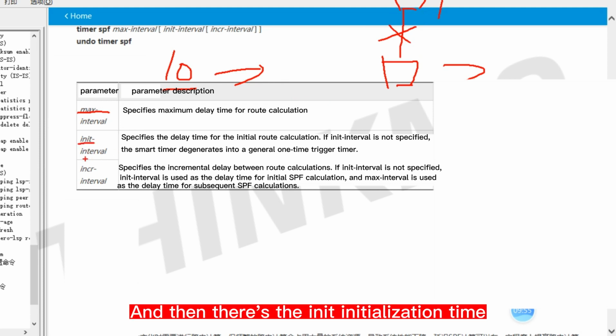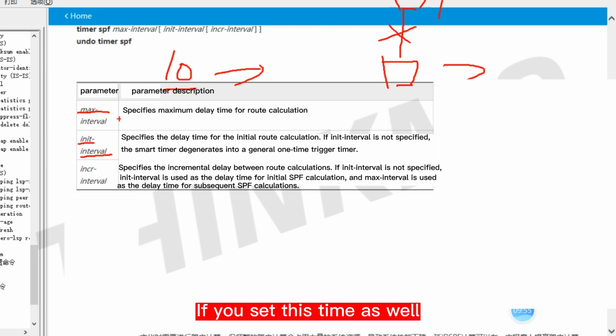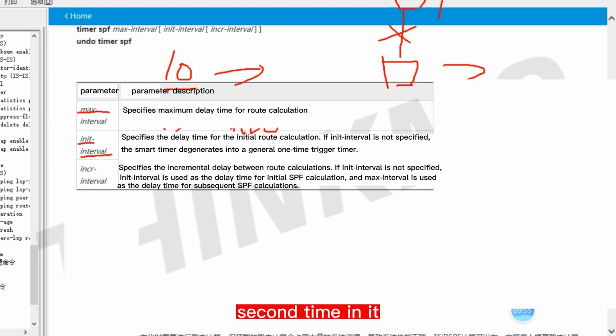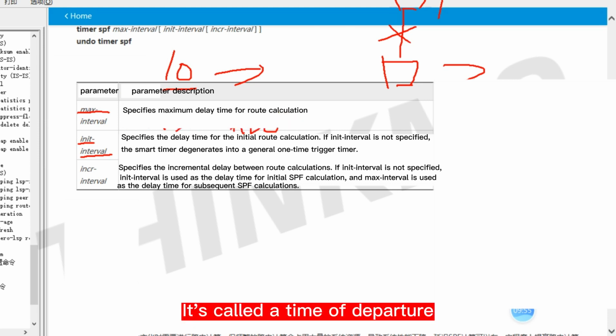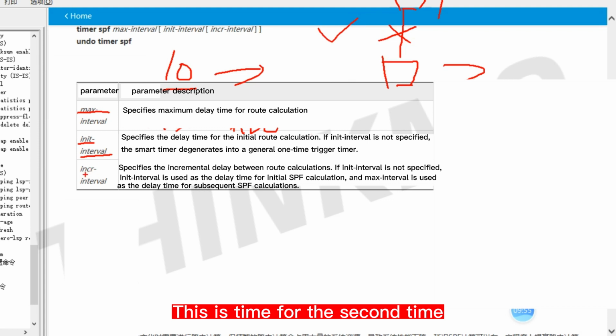And then there's the initialization time. If you set this time as well, the first time uses the max configuration, and the second time uses init. It's called the initial wait time, a one-off, for when the first change happens. Let's say I configured 10. That was just the first time; if you interrupt it and it runs again, this is the second time.